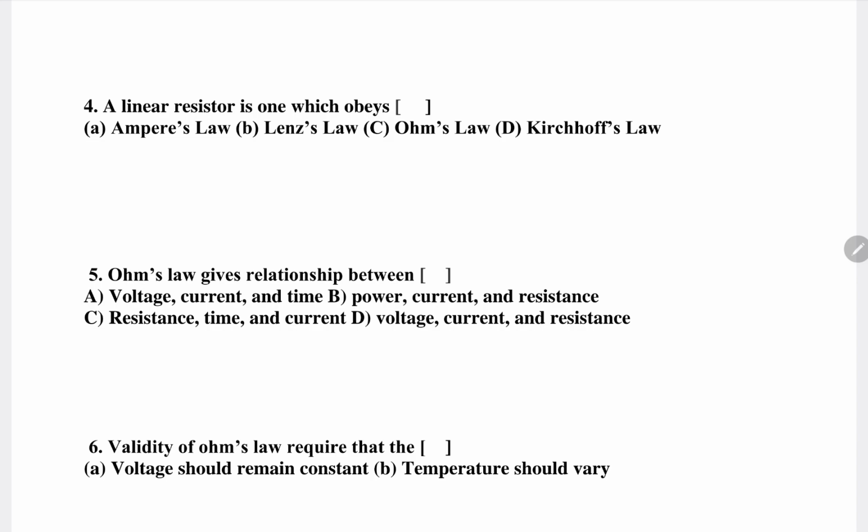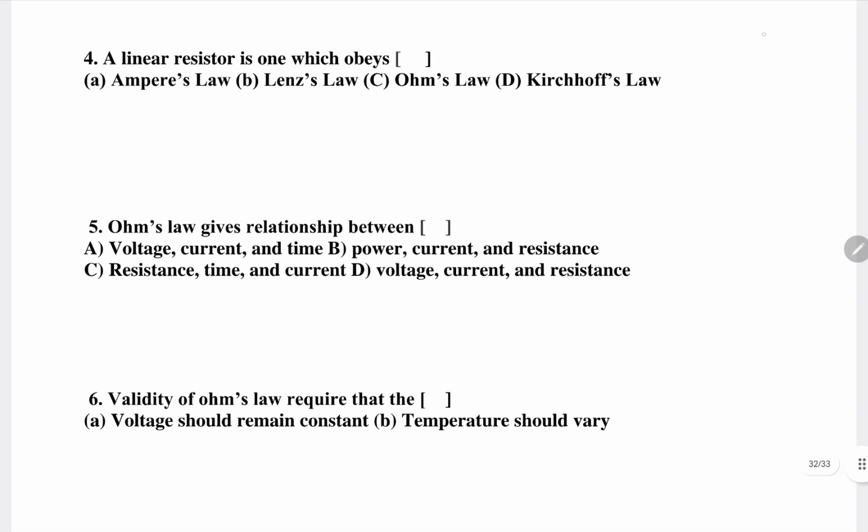A linear resistor is one which obeys Ampere's law, Lenz's law, Ohm's law, or Kirchhoff's law. A linear resistor means the relation between current and voltage is linear, and this relation is Ohm's law. Answer is C. Ohm's law gives the relation between what and what?